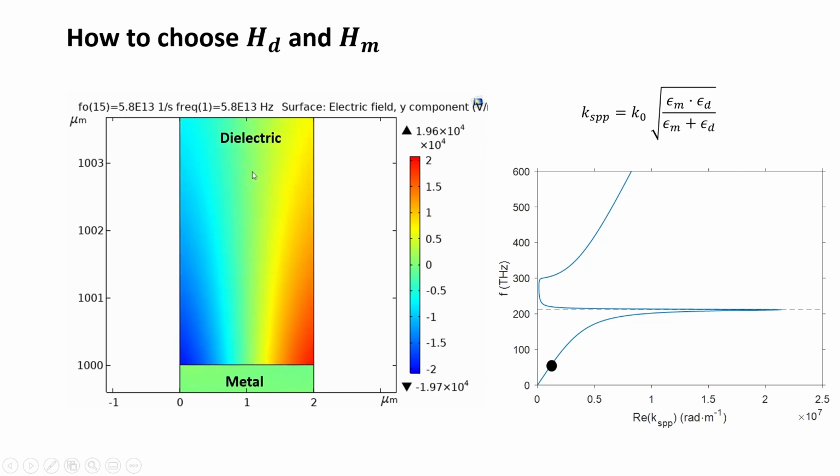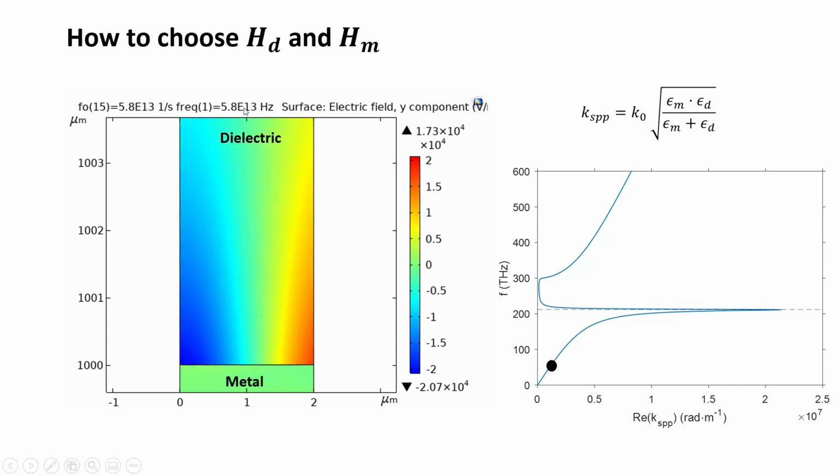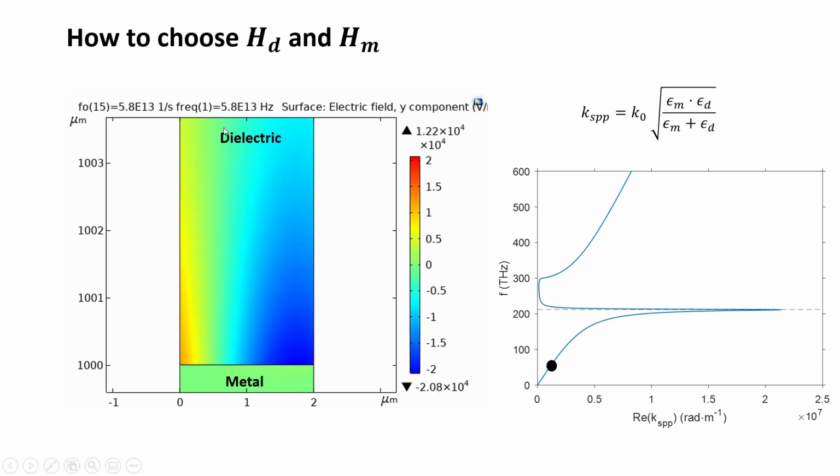As you see here, the surface plasmon mode extends too much into the dielectric space. So at least you need from 1000 to 1004 micron, at least 4 micron above the metal, to make this mode propagate freely without any interference with the scattering boundary condition here.